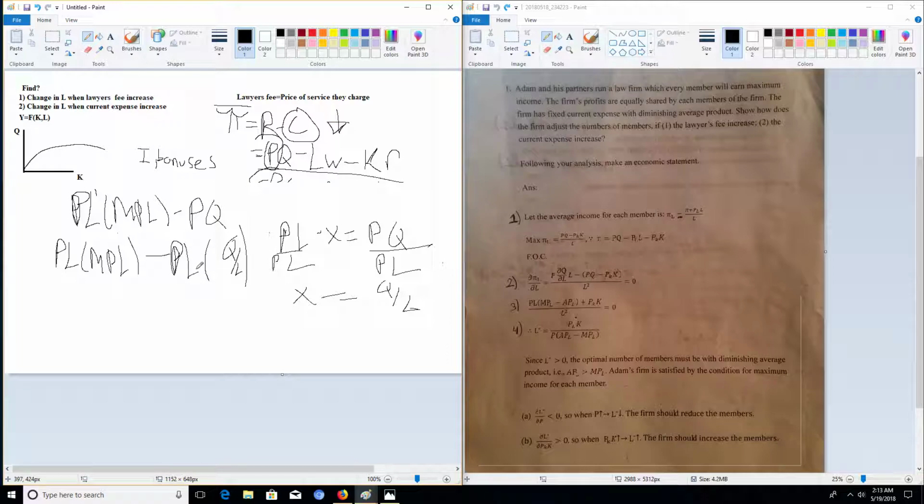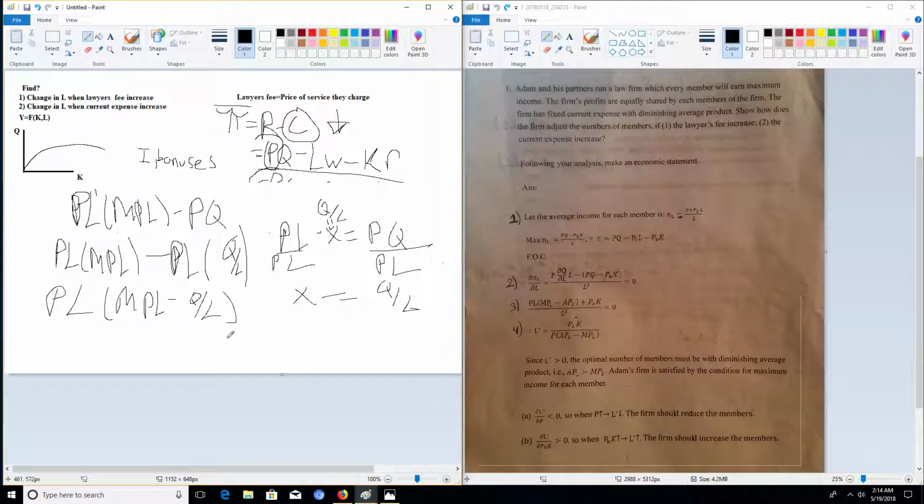When you multiply these out, this x is Q over L, so it equals the same thing. So PL times Q over L, multiply these together, the L's cancel out, this is P times Q, right? So this is how you get PL times MPL minus Q sub L.